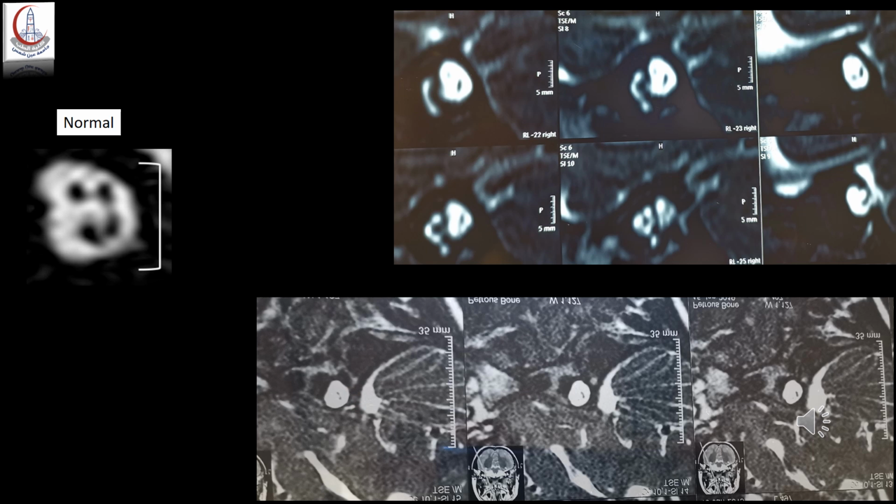So this is a clear case of cochlear nerve deficiency, and when we are counseling the patients or taking the decision for cochlear implantation, we have to take very good care about these problems, and we see what we can do for these patients.